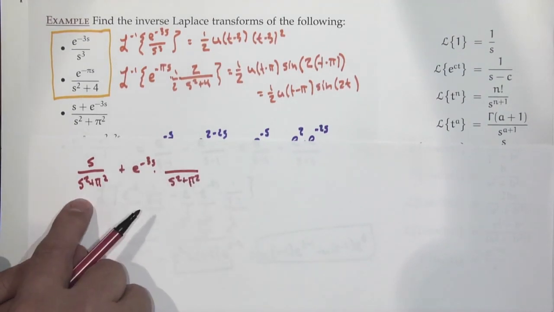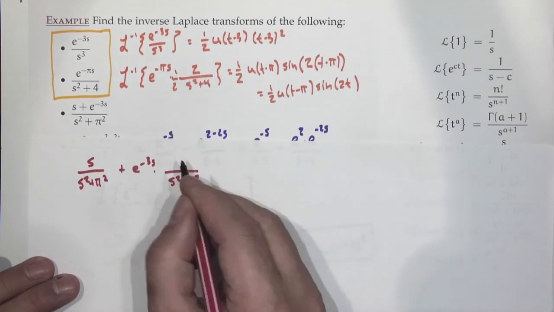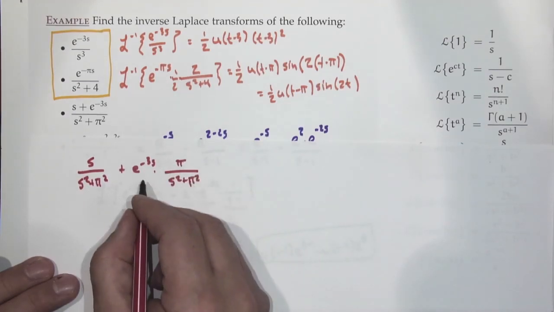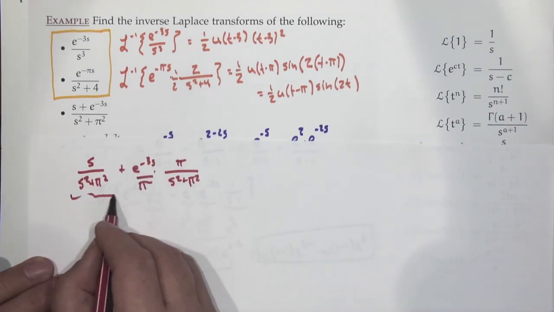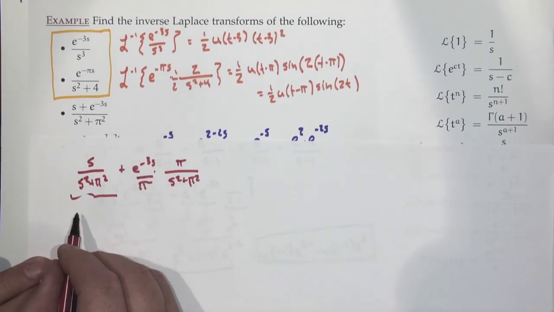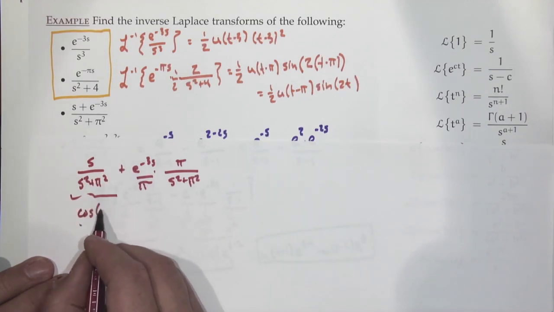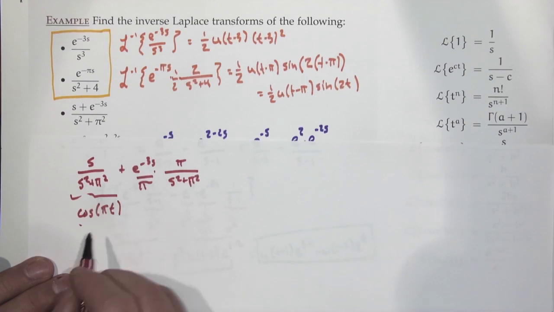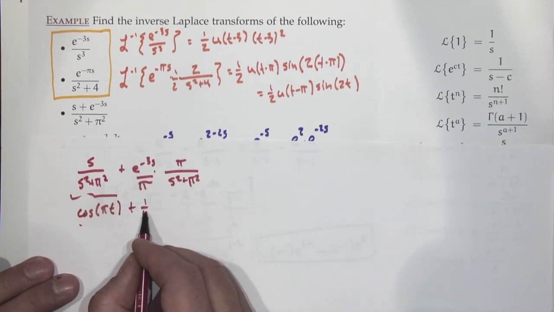Now this is fine as is, but here what would we want to do? Yeah, throw a pi upstairs because that will help us fit our mold. So the s over s squared plus pi squared becomes cosine pi t, plus the 1 over pi.